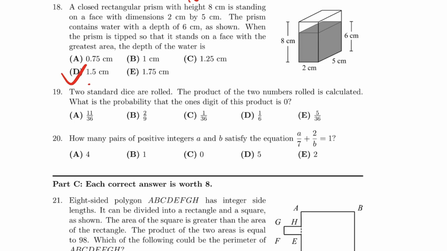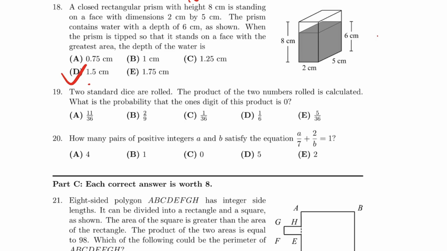Okay. So number 19. Two standard dice are rolled. The product of the two numbers rolled is calculated. What is the probability that the ones digit of this product is 0?